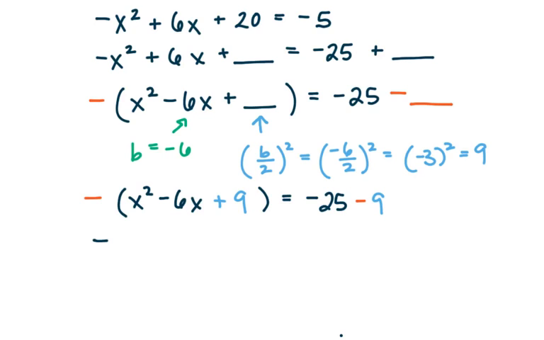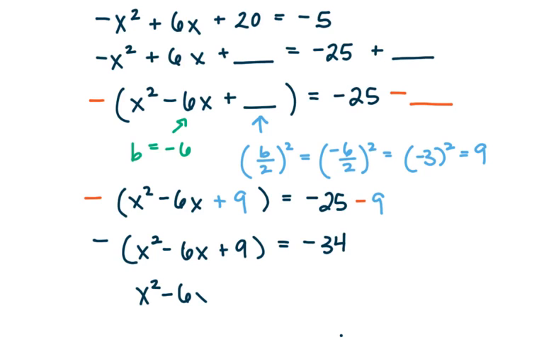All right, so I have negative x squared minus 6x plus 9 equals negative 34. Now, a couple things. I can divide on both sides since they're both negative. I can divide on both sides by that negative, and I have x squared minus 6x plus 9 equals positive 34.